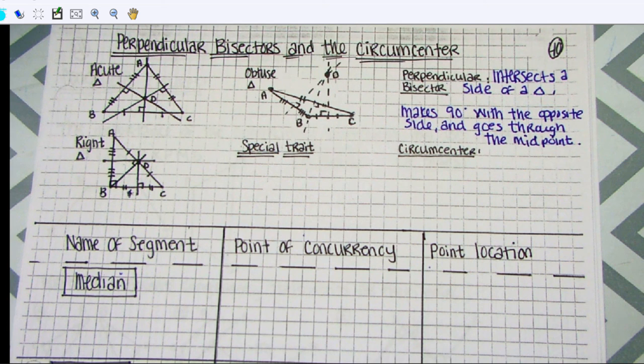So perpendicular bisectors, they intersect with the side of the triangle, make 90 degrees with the opposite side, and go through the midpoint.